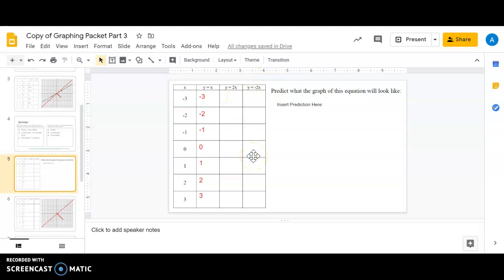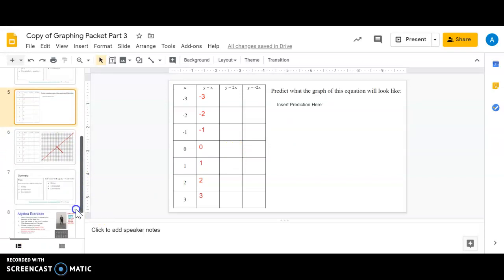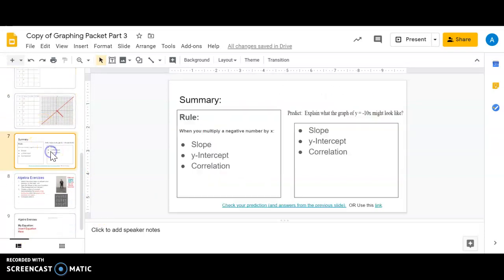So what's going to happen when x is multiplied by a negative? Insert your prediction. What do you think is going to happen to the slope, y-intercept, and correlation? Then you're going to fill in the rule and then look at what you think negative y equals negative 10x is going to look like.